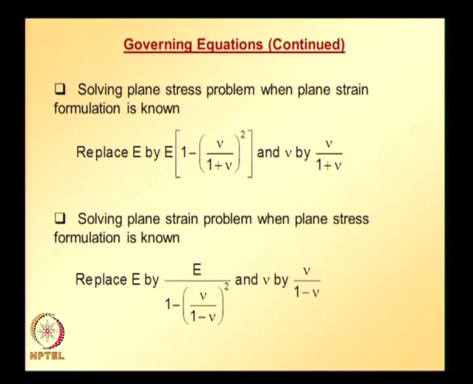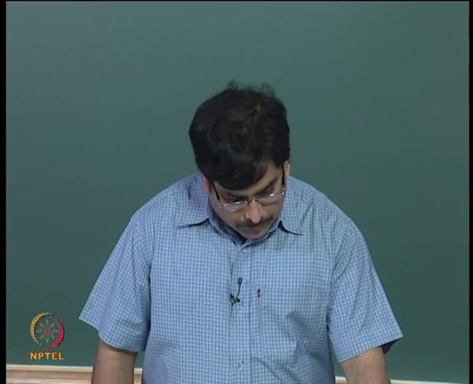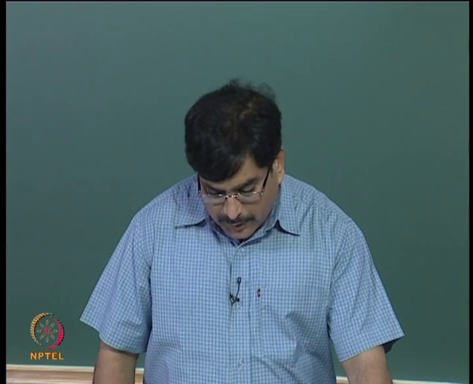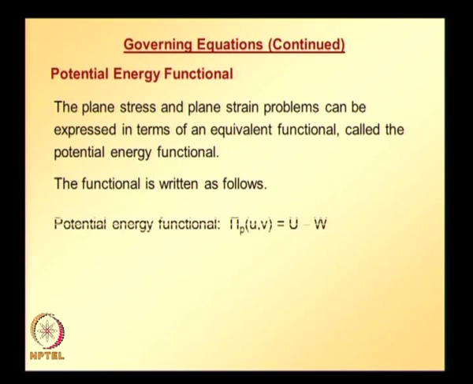So, what I will do here is I will directly give the equivalent functional, and like we did earlier, that functional can be verified whether that is the correct functional for this problem or not. The plane stress and plane strain problems can be expressed in terms of an equivalent functional called the potential energy functional, and the functional is written as follows: pi, a function of the displacement in the x direction and the displacement in the y direction.